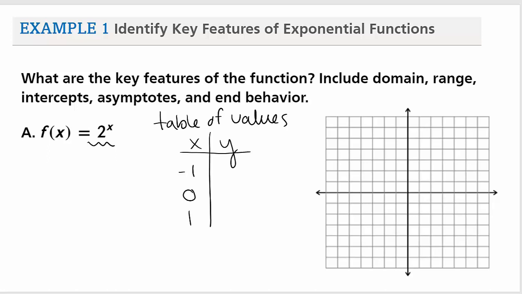When we plug -1 into our equation, we get 2 to the -1. To simplify 2 to the -1, we take the reciprocal of 2 and we change our exponent to be positive. That's our negative exponent rule from when we learned exponents. If we put a 0 in the exponent, 2 to the exponent 0 is 1.